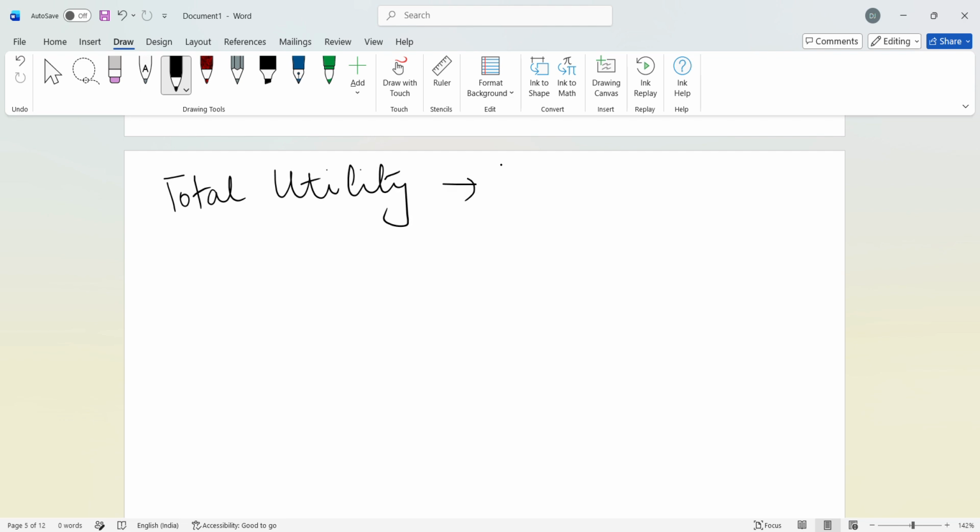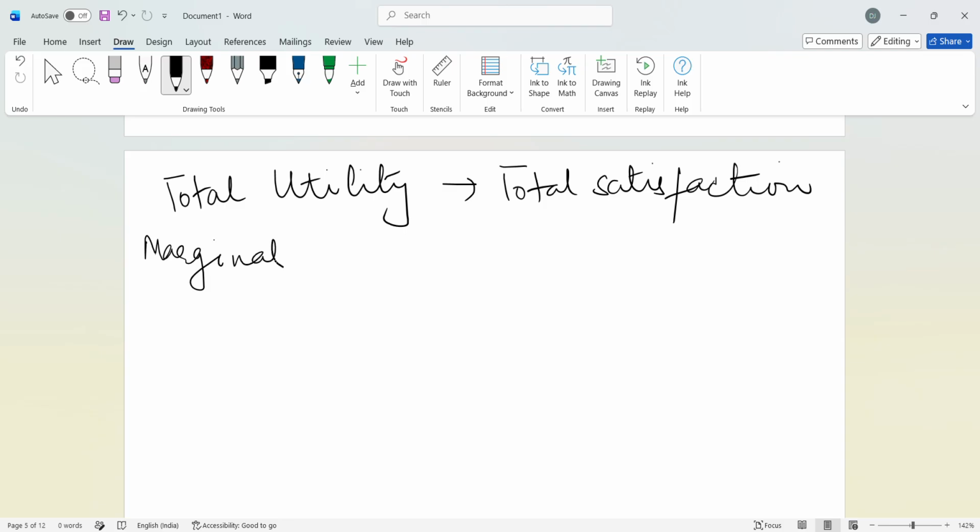That is, in very simple language, the total satisfaction that you get by consuming the units of a product, a good or a service, anything. And another one is your marginal utility.